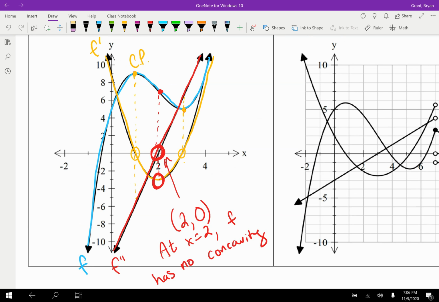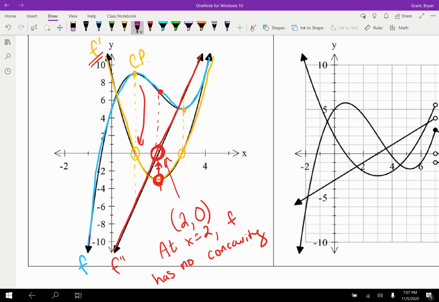And so, if f prime has a rate of change or a slope of 0 as it does here, then it shouldn't shock us that its derivative, f double prime, will have an x-intercept. Isn't that what happened on f? When f had a critical point, a slope of 0, there was an x-intercept on its derivative. Same thing down below. When f prime has a critical point, then on its derivative you will also see an x-intercept. Last but not least, let's talk about those slopes, and I'm going to highlight in purple.